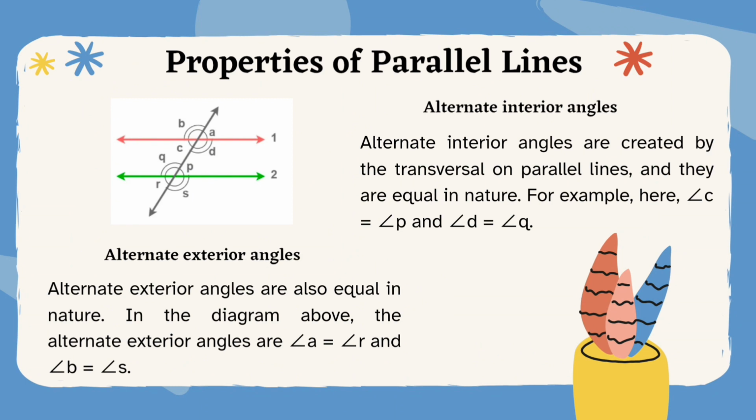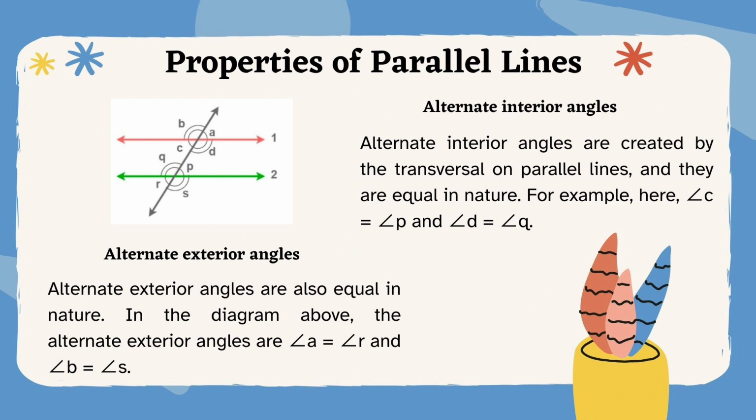Thirdly, I will explain the properties of parallel lines. 1. Alternate interior angles. Alternate interior angles are created by the transversal on parallel lines, and they are equal in nature. For example, here, angle C equals angle P and angle D equals angle Q. 2.